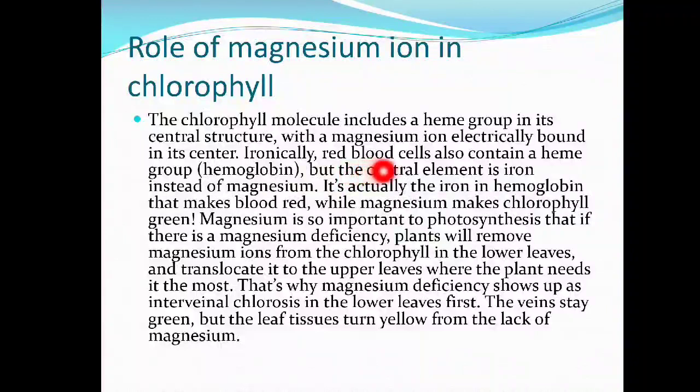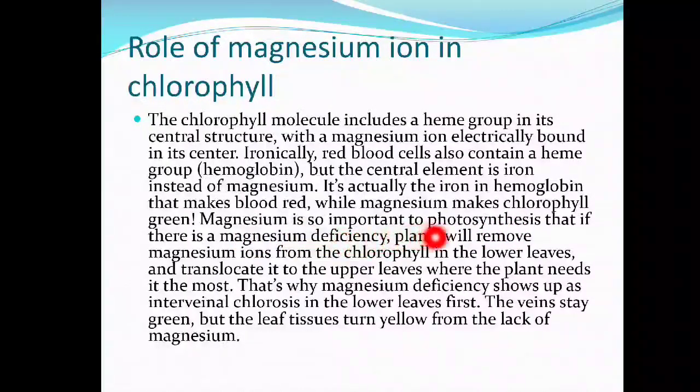Ironically, red blood cells also contain a similar group, that is hemoglobin, but the central element is iron. In the chlorophyll, the central element is magnesium. So that's why in the case of blood, the central element is iron, therefore it is red in color. It is actually the iron in hemoglobin that makes the blood red, while magnesium makes the chlorophyll green.